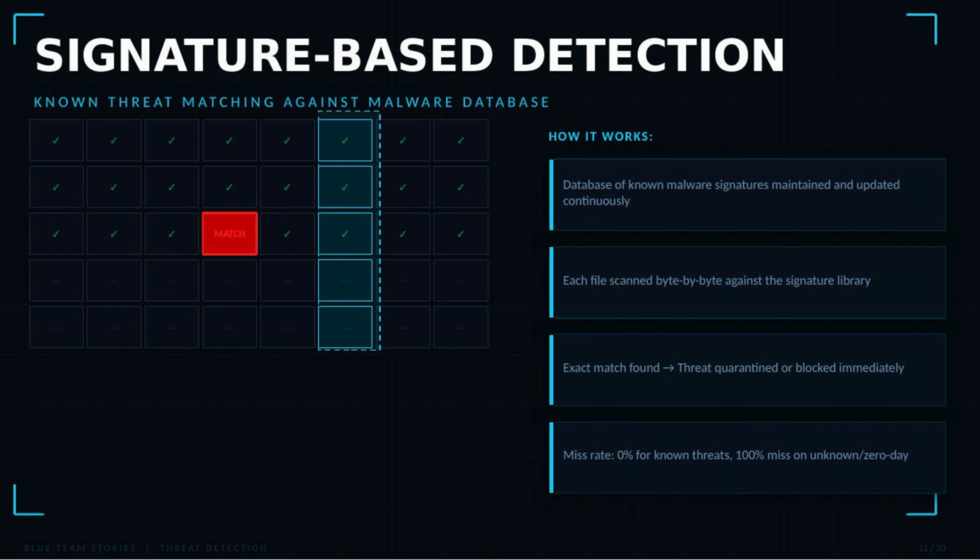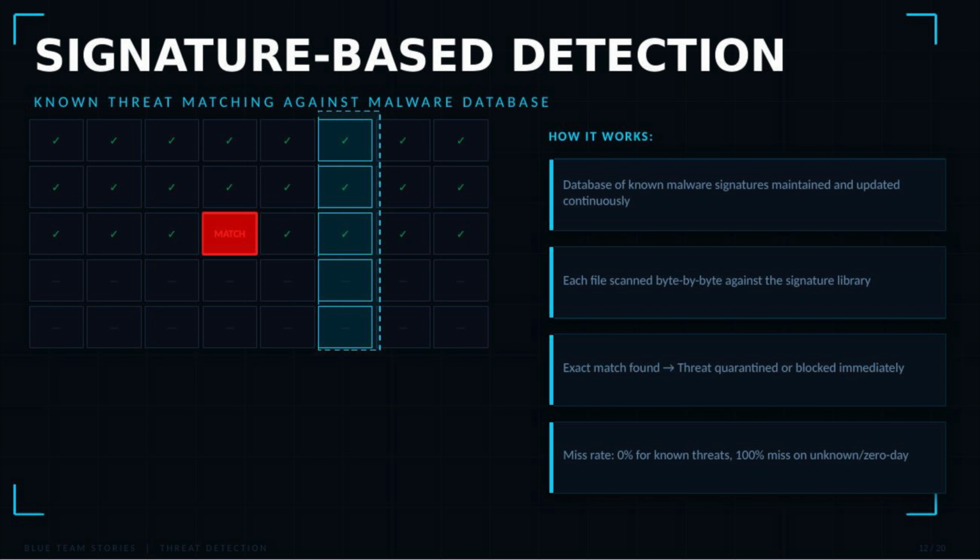Signature-based detection. One of the oldest and most widely used threat detection methods is signature-based detection. This approach works by comparing files, applications, and system activity against a database of known malicious signatures.